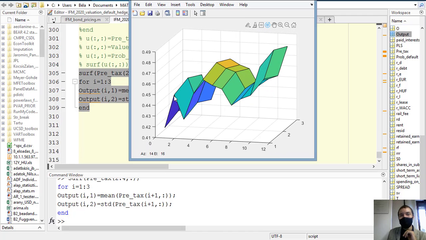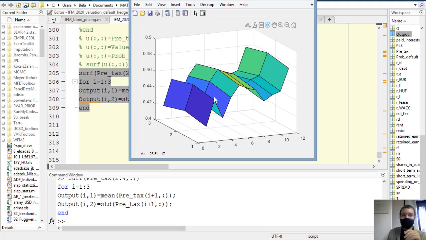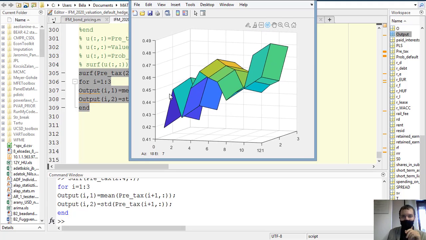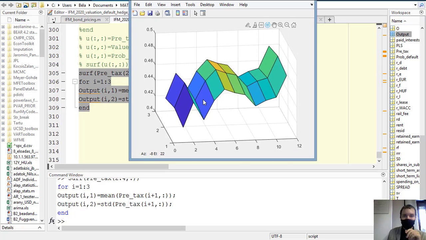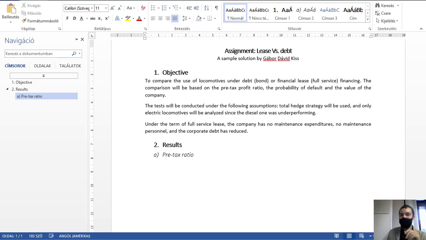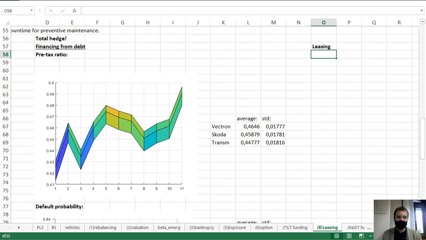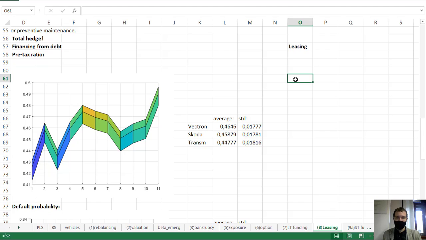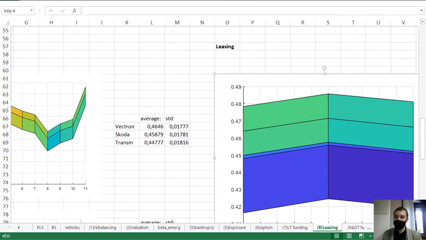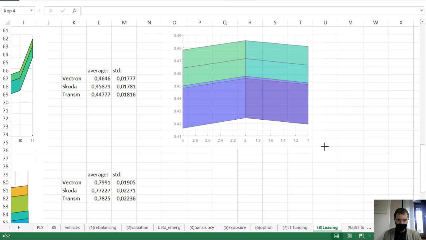So maybe from a financial point of view our simulations are suggesting that we have to use them, but practical life says the benefits are not that clear for the operator. Or maybe it's just because the fleet is small, so we are talking about 20 something locomotives, and it's always hard to operate a small fleet.